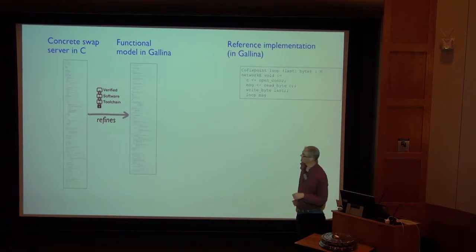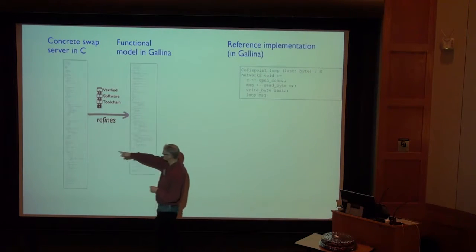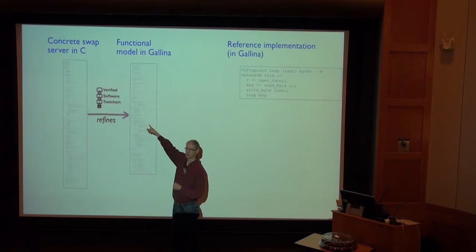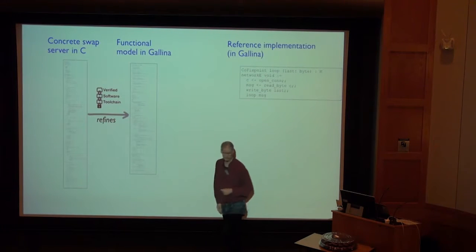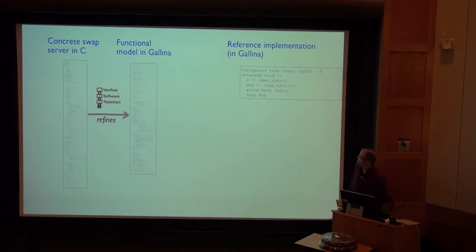And what I mean by refinement is every behavior of this is a behavior allowed by this. Then we have a high-level specification. You can think of it as a reference implementation. It's a very, very simple thing that shows the internals of what's supposed to be happening at a very high level.